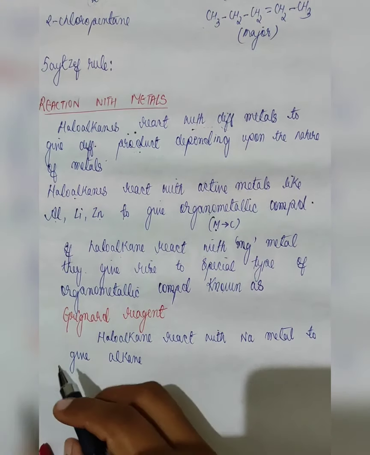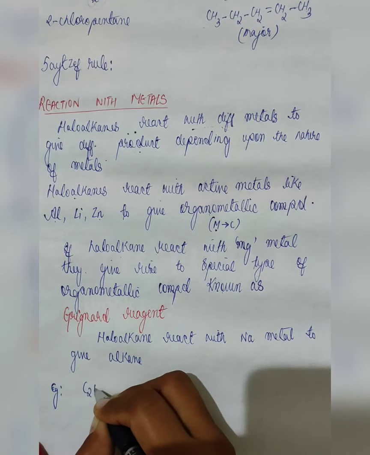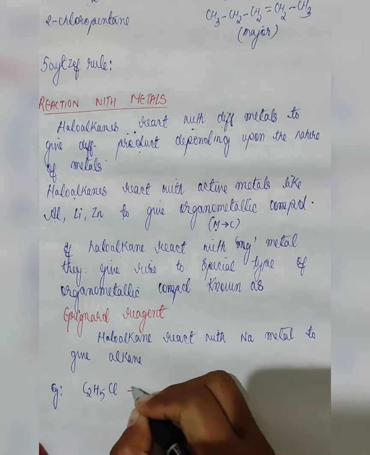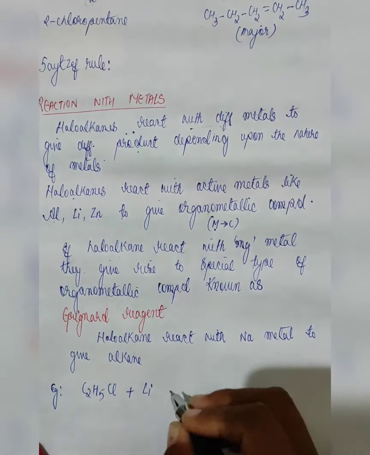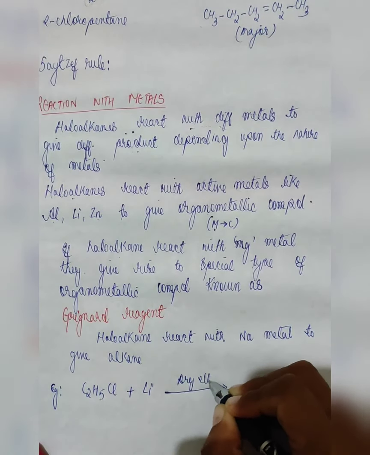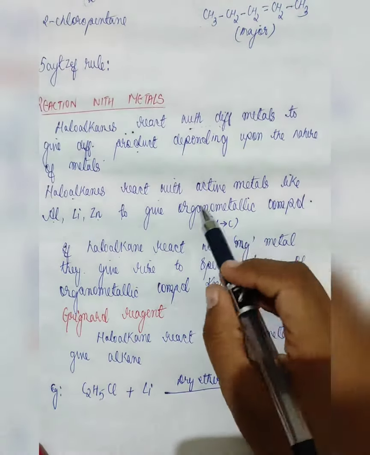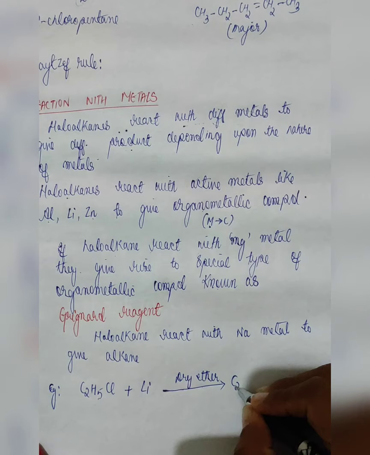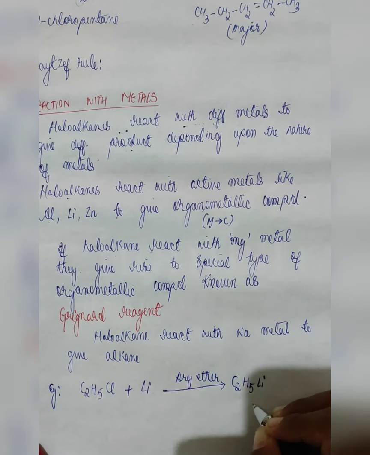Now let us see some of the reactions. We have the haloalkane C2H5Cl. When it reacts with active metals like lithium in presence of dry ether, it will give rise to an organometallic compound such as C2H5Li. This is ethyl lithium.